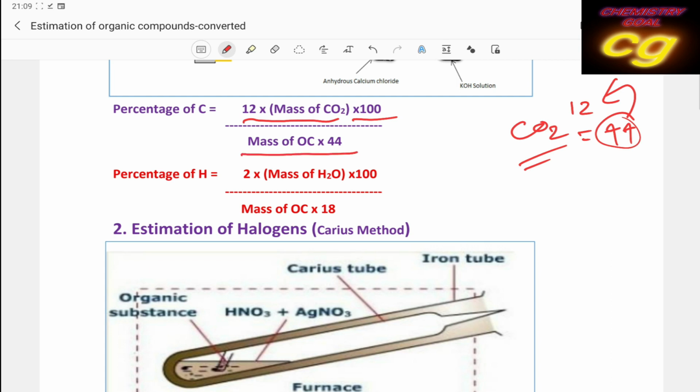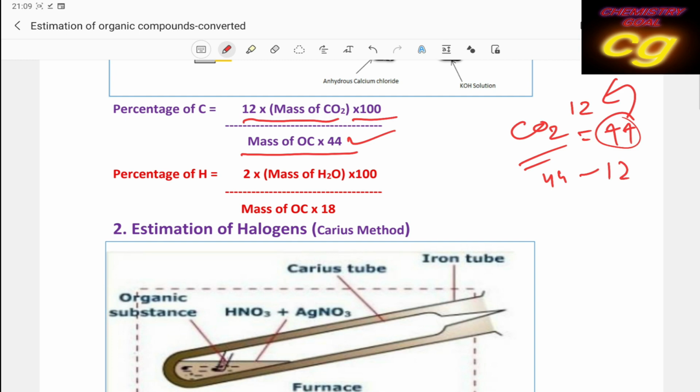In the denominator we divide by the mass of organic compound taken, because the carbon dioxide is produced from the organic compound, and multiply by 44, the molar mass of CO2, because 44 contains 12.